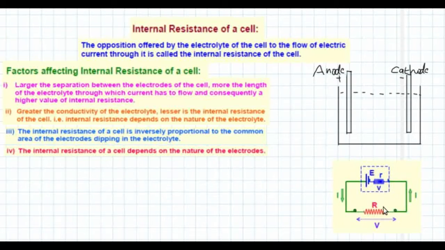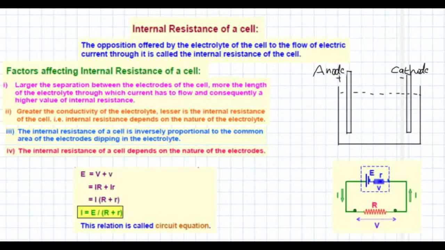Then there will be a bigger drop across the external resistance, which is capital V. So that means EMF, or the potential difference between the two electrodes of a cell, will be equal to the potential drop across the external resistance plus the potential drop across the internal resistance. That is, E is equal to V plus v. Capital V is the potential drop across the external resistance, small v is the potential drop across the internal resistance.